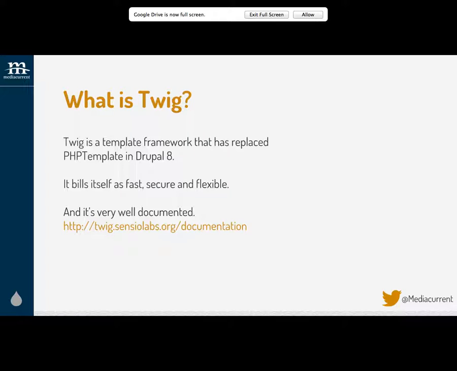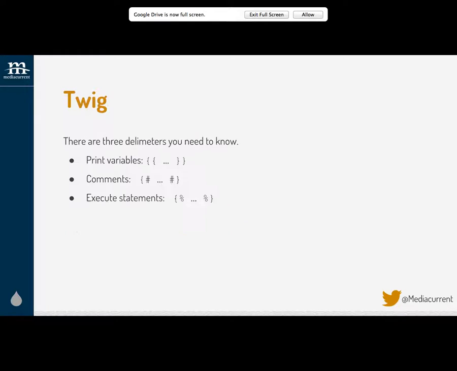It's really nice, and when I get into the live demo part, I'll show you a little bit more of what it looks like. And then it's well documented. It's been out there for a while before Drupal 8 adopted it, so it's somewhat bulletproof now.